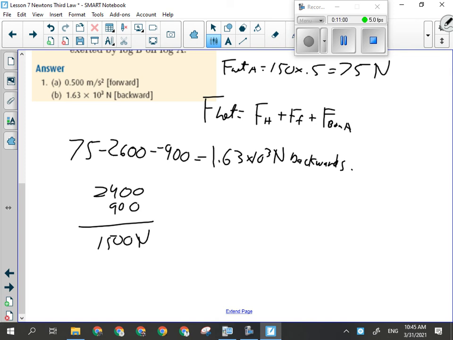Are you okay with my logic? Then I just go and draw log B. It's 250 kilograms. What's that force? A pulling on B. Right.